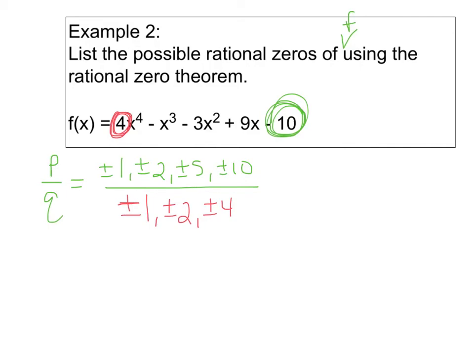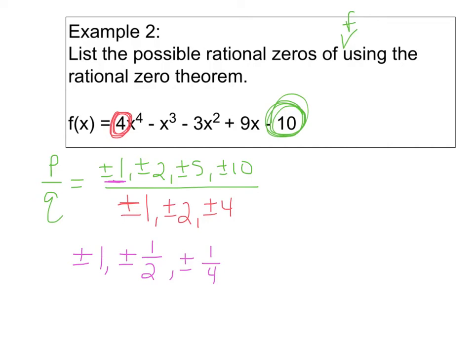Okay, now we have to actually simplify these because we're not just dividing by 1 this time. We're dividing by 1, 2, or 4. So this is how I like to do it. I like to start with this first number on top, plus or minus 1, and divide it by each one on bottom. So 1 over 1, plus or minus 1, 1 over 2, plus or minus 1/2, 1 over 4, plus or minus 1/4.